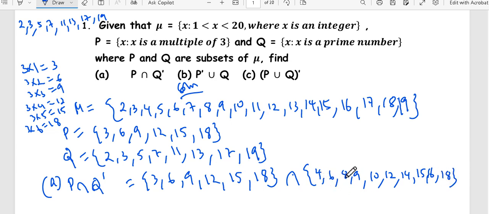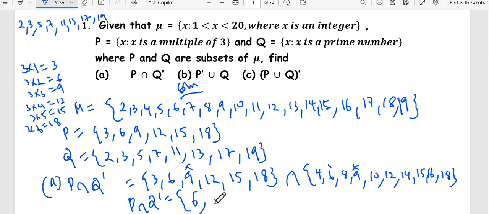If you check, all of these elements are not in Q, but they are in the universal set. So P intersection Q prime is what do you have here that you also have here. We have 6 here and we have 6 there. So 6, we have 9, we also have 9 here.